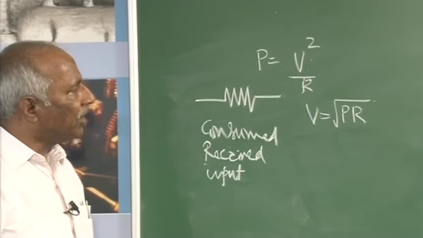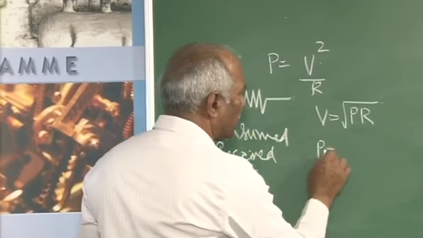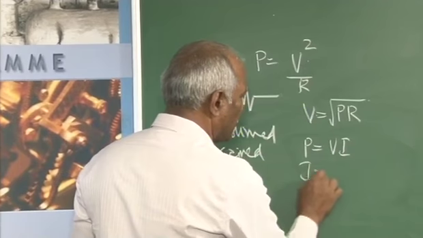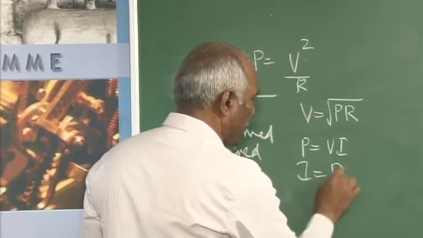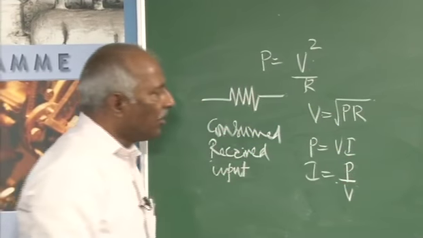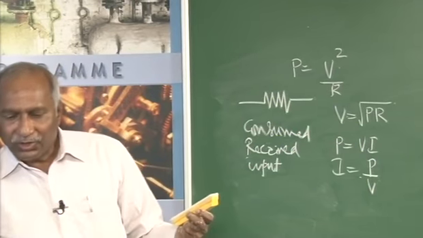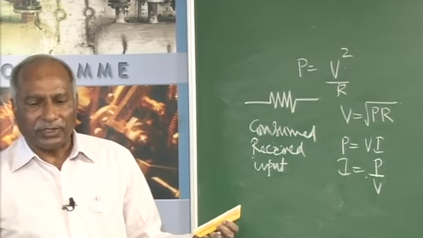Similarly, you can find out the maximum current it can withstand. As P is equal to VI, we can calculate I is equal to P by V also. The resistors must be ensured not to get damaged.